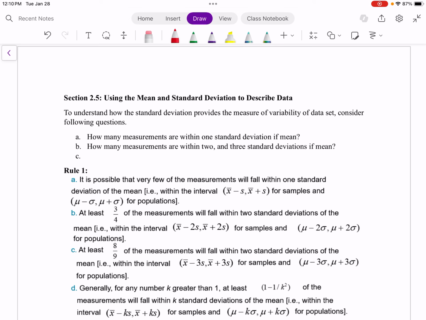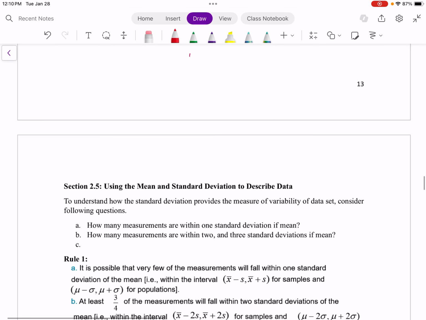If we have two data sets, we can make a comparison. For example, let's say sample 1 has a standard deviation of 1.4 and sample 2 has a standard deviation of 0.5. Now we have two samples, so we can make a comparison.